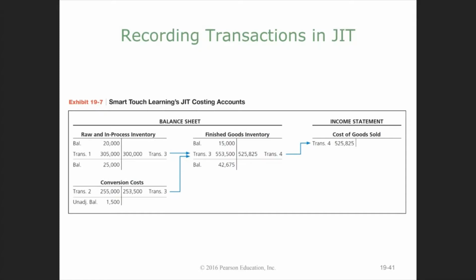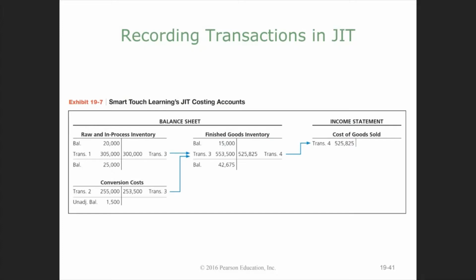But we can look, so when we're looking at the conversion cost, we see they have transaction 2, they have 255,000 in a debit, and then they ended up having another transaction that was a credit of 253,000.